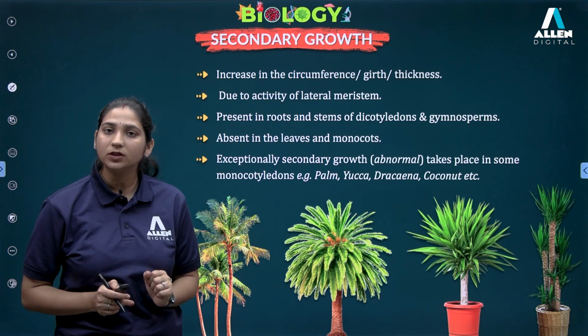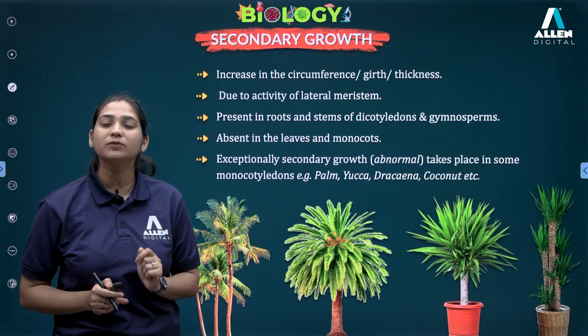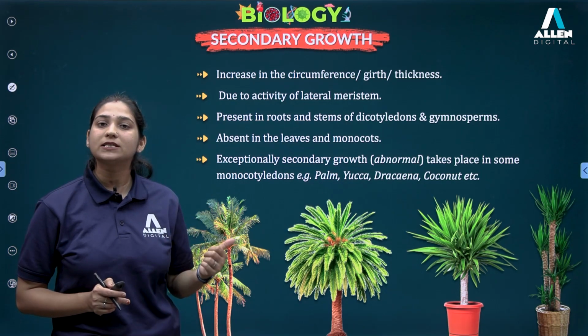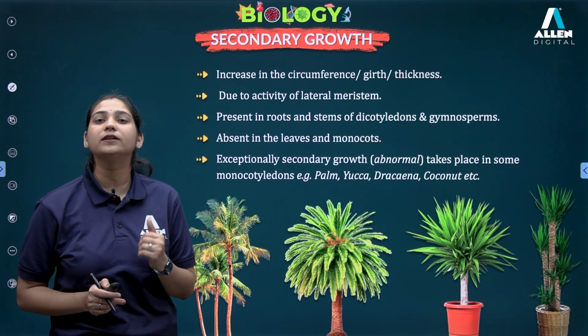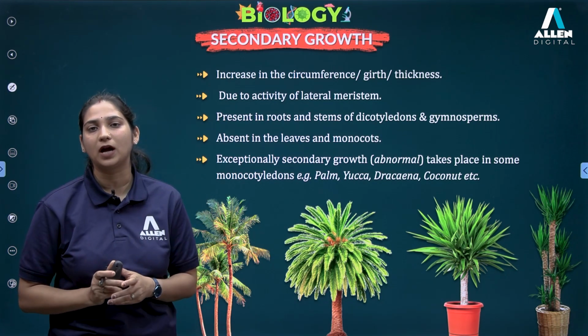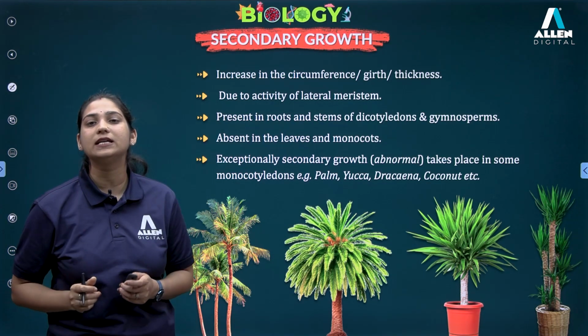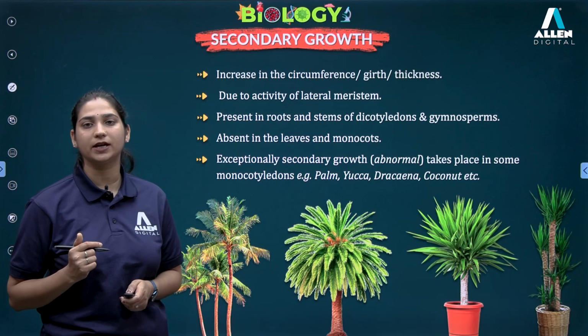During primary growth, we see the formation of primary tissues and primary organs, but during secondary growth, we see the formation of secondary tissues that lead to an increase in the width of the plant, a horizontal increase in the plant. So here we are taking a case of a dicot stem.